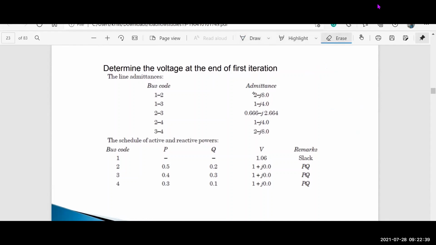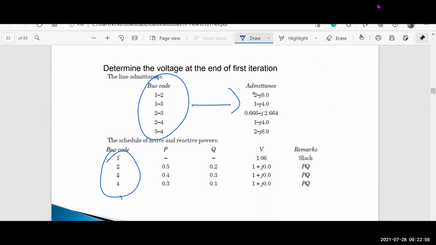These are the bus codes, and these are the admittances provided. If you draw a single line diagram using these bus codes, you can see that buses 1, 2, 3, 4 are there. These are the connectivity.